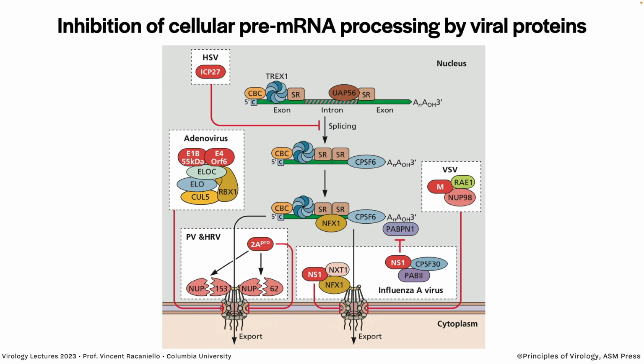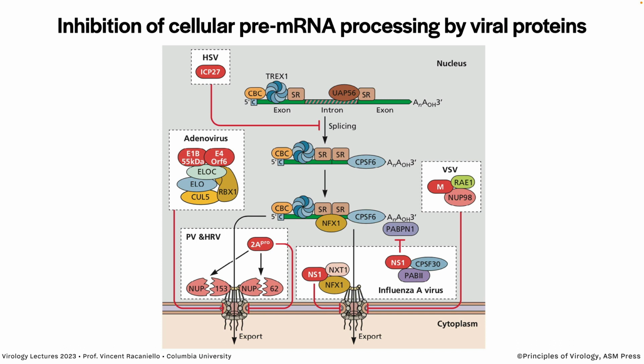So let's look at just one aspect of this in some detail. This is the nuclear pore complex here, where things are exported. Remember, we talked about how the nuclear export machinery recognizes splicing as a way of saying this mRNA needs to go out of the nucleus, because during splicing, a variety of cell proteins are deposited on the mRNA. They remain on the mRNA after splicing is done.